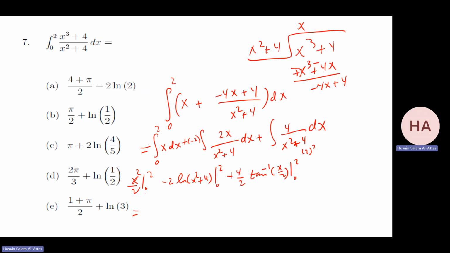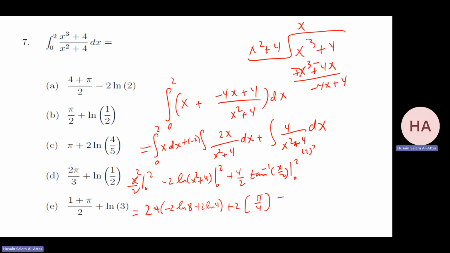That gives me 2. This one gives me 8. It will be minus 2 ln 8 plus 2 ln 4. This one, plus 2 tan inverse of 1, which is pi over 4, minus tan inverse of 0.